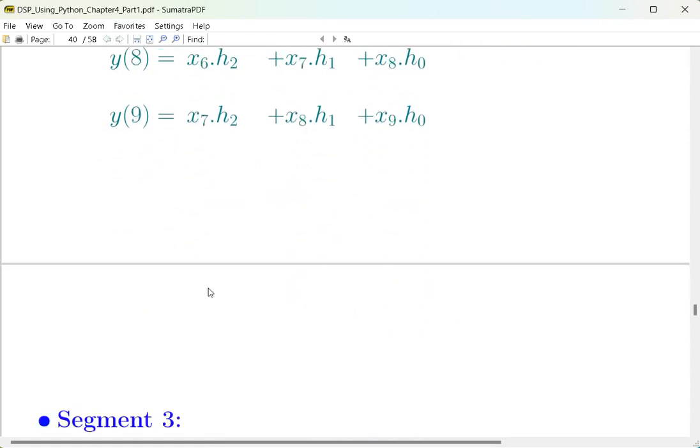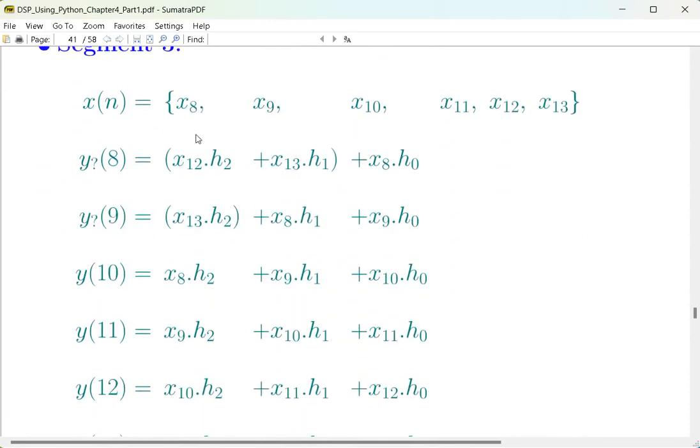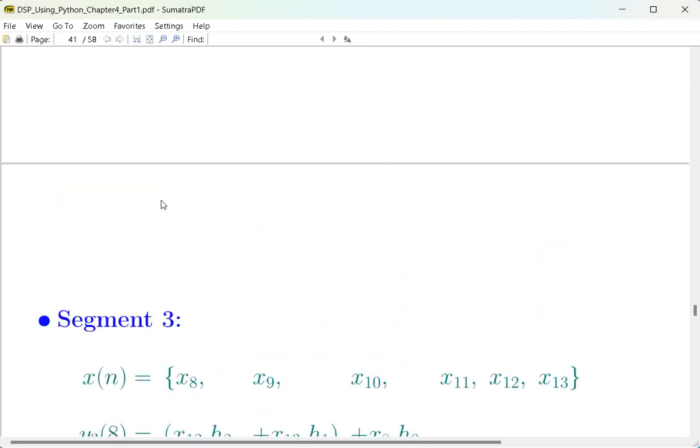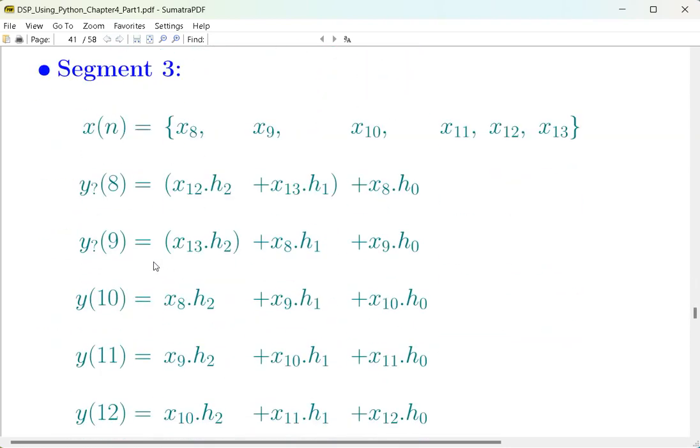Now, the third segment, again, x8, x9 preserved, but new samples are x10, x11, x12, x13. Again, y8, y9 will be discarded because they have already been calculated.